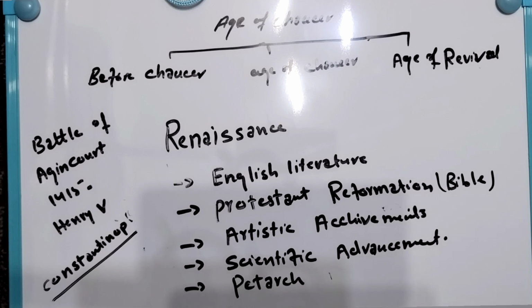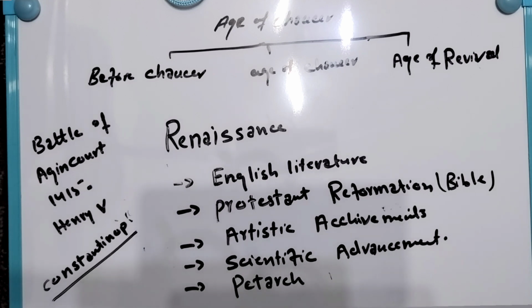It was believed that people should be able to interpret the Bible for themselves rather than accept the Catholic Church's interpretation of the Latin version. So this was happening in the Renaissance age.